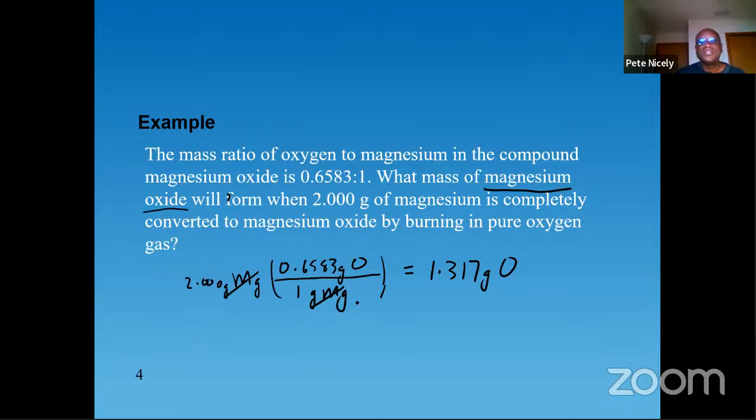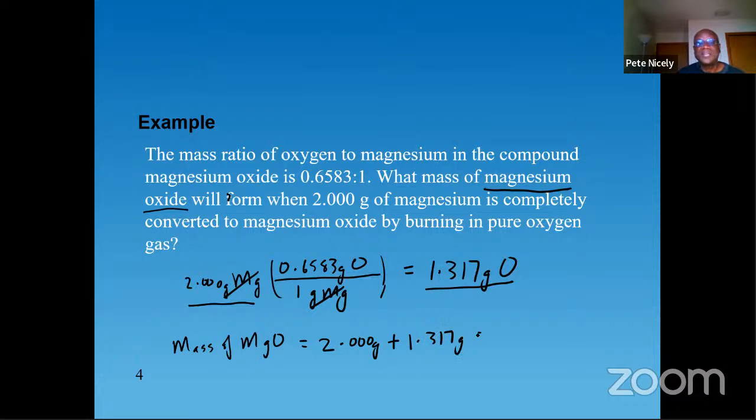Now we're not finished because the question is asking for the mass of magnesium oxide that will form. So far, we have determined the mass of oxygen that will react with this mass of magnesium, which is 2.00 grams. So therefore, the mass of MgO formed would be equal to 2.000 grams plus 1.317 grams.